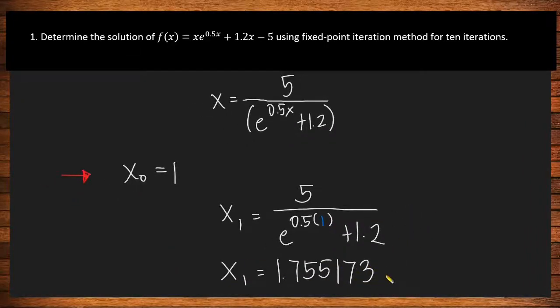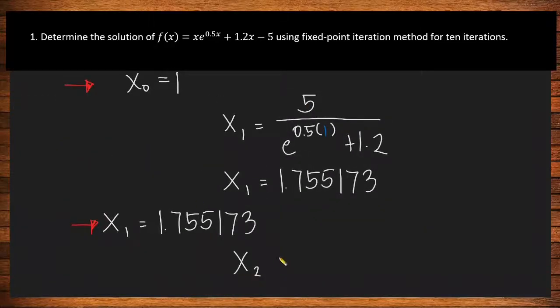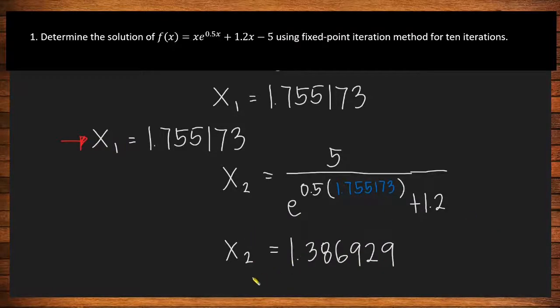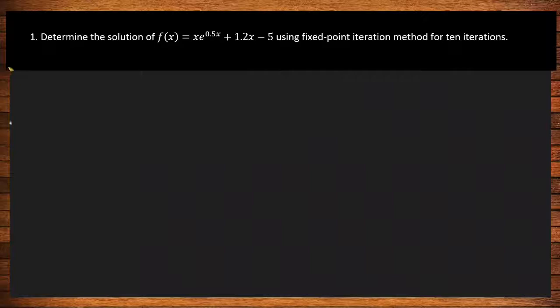And then, yung gagawin natin is we will substitute this back to g of x. And then, meron na naman tayong makukuha na value for our x. This will be our new estimate. And then, we will substitute this back to g of x. So, we will repeat this procedure 10 times, okay, because the problem asks for 10 iterations.